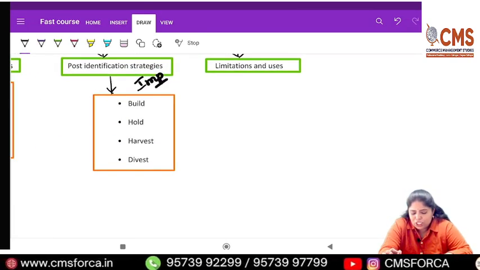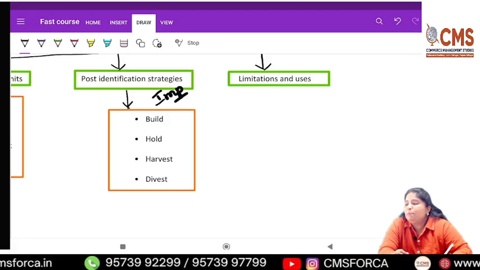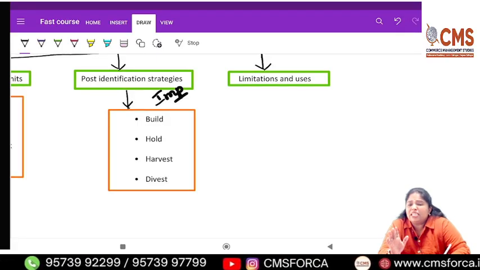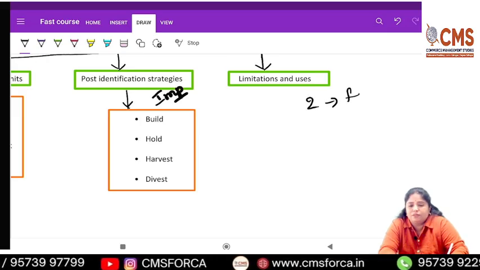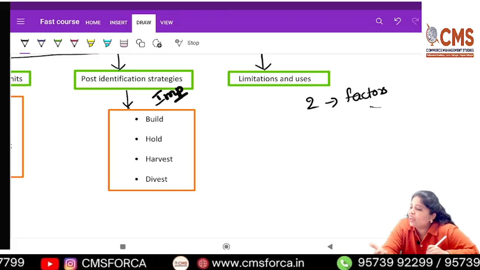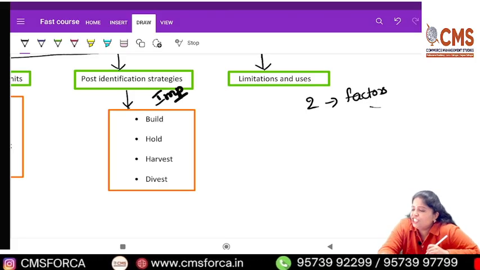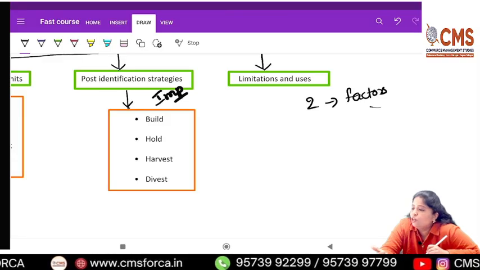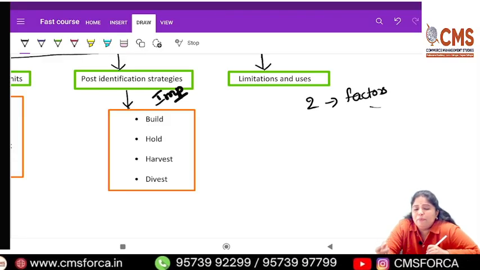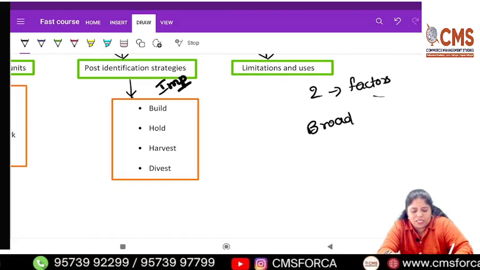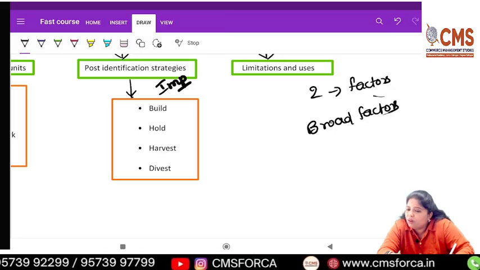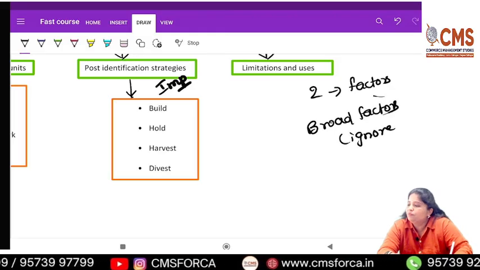The limitation we observe in the BCG matrix is, it restricts itself only to 2 factors. Now, what are the 2 factors it's considering? Market share and market growth rate. And because of these 2 factors, many broad factors are totally ignored in the BCG matrix.